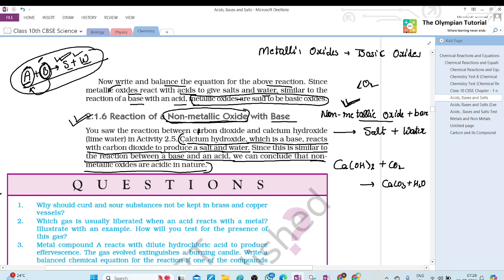Yes, ma'am. So write down: calcium hydroxide, which is a base, reacts with carbon dioxide to produce a salt and water.